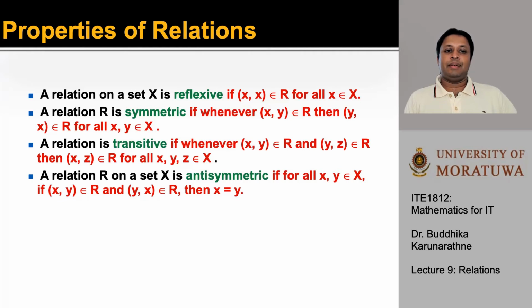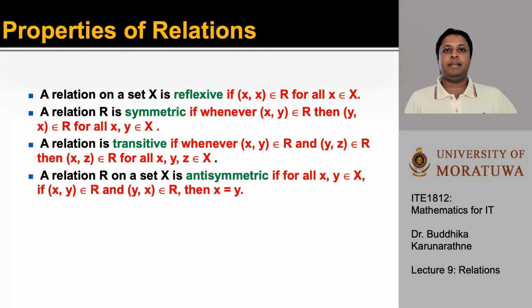The fourth one is antisymmetric. A relation R on a set X would be antisymmetric if for all x and y in X, if (x, y) is in the relation R and (y, x) is in the relation R, then x is equal to y.